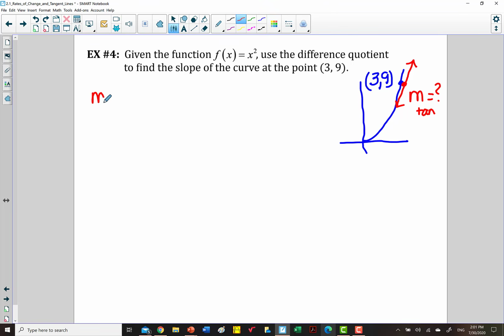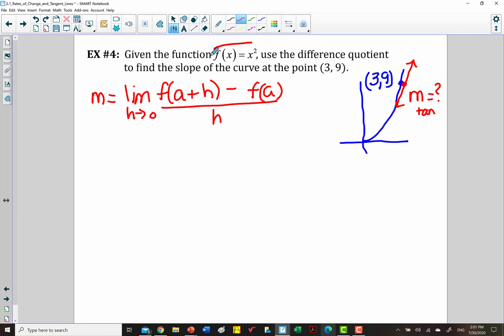And I can find that using that difference quotient. And that difference quotient said we wanted to find the limit as h approaches 0 of f of a plus h, minus f of a, divided by h. And this is my function f.